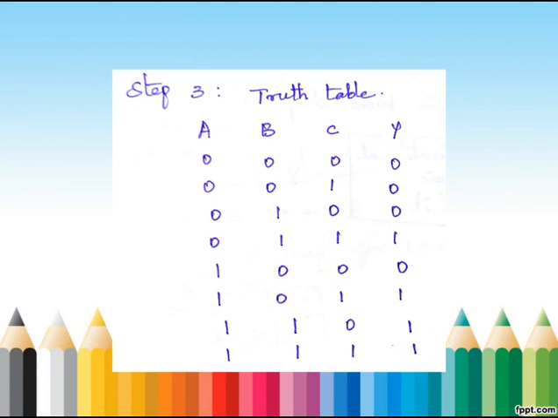For input 0 1 0, again only one 1 occurs, it is not a majority input, so the output is 0. For input 0 1 1, two ones occur, yes it is a majority input, so the output is 1. For input 1 0 0, only one 1 occurs, it is not a majority input, so the output is 0.